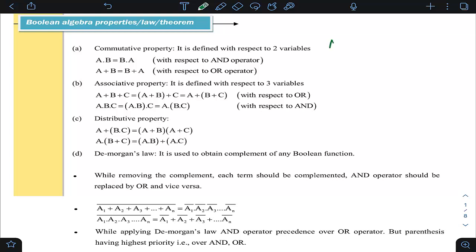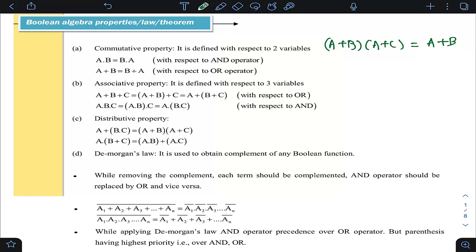A plus B with A plus C, we want to show that it is A plus BC. In your mind, you can assume that AND is equivalent to multiplication and OR is equivalent to addition, but you are dealing with Boolean operators.